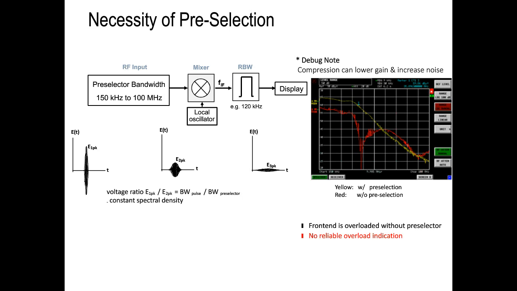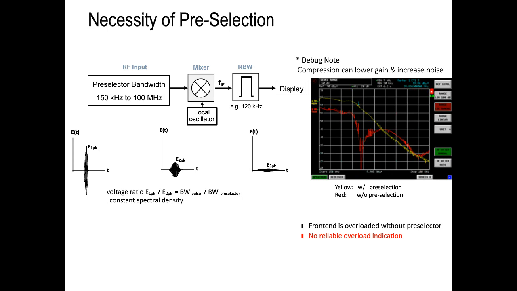Now the other thing to point out is that the front end is overloaded without the pre-selector, but there was no reliable overload indicator. And the reason for that is the time constant on the overload indicator. If you have a very short duration pulse, that overload indicator can't respond fast enough to let you know that it's overloading.